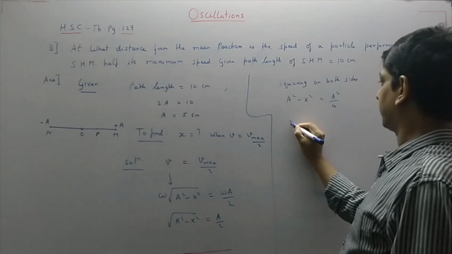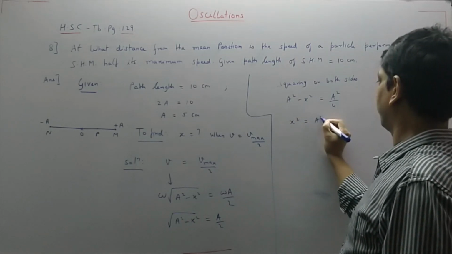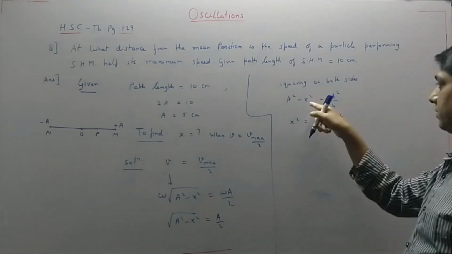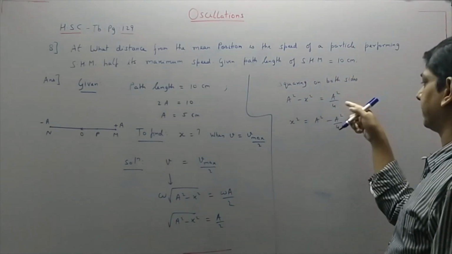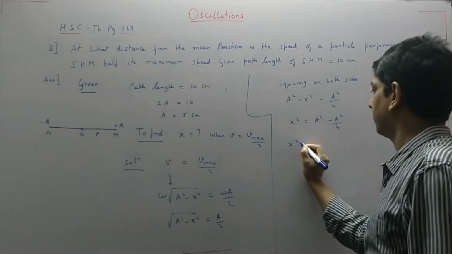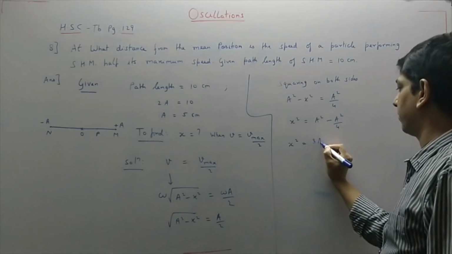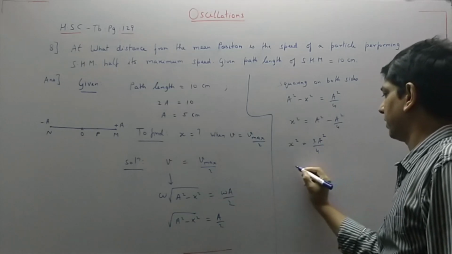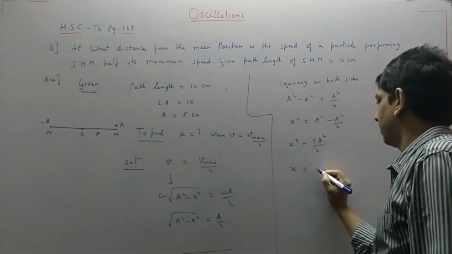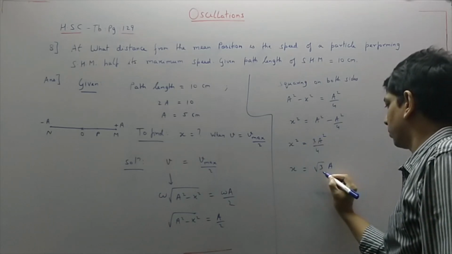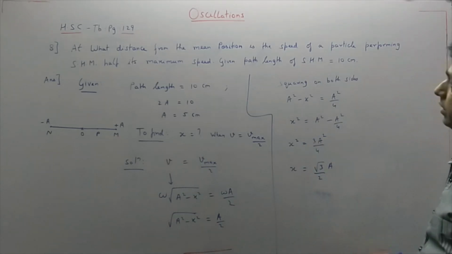We will have x square is A square minus A square by 4. Then this x square going to the right hand side becomes positive. Then we are having x square is 4A square minus A square, that is 3A square by 4. And as it is we are getting x is root of 3A square by 4, that is root 3 upon 2 A.